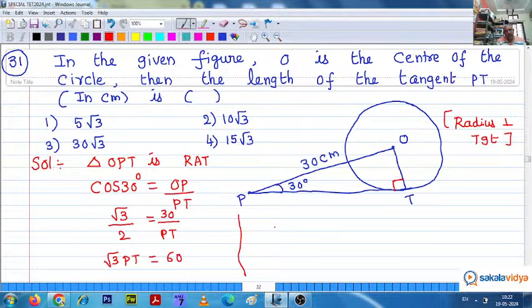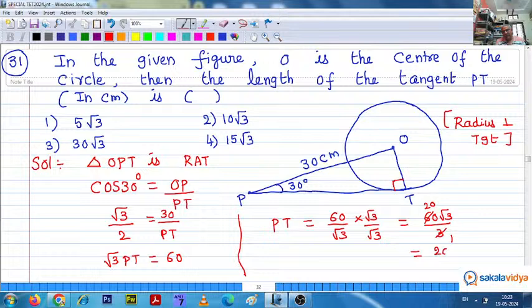So PT is equal to 60 by √3. Now rationalize: you get 60√3 divided by 3, which is 20√3 centimeters. Now tell me which is the right option.